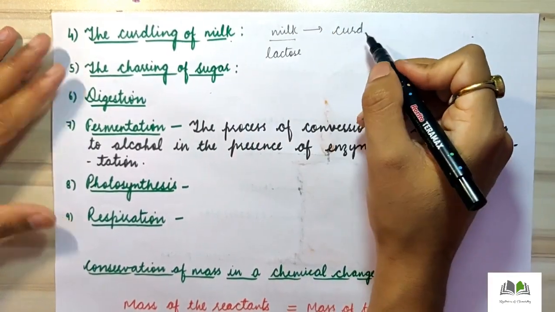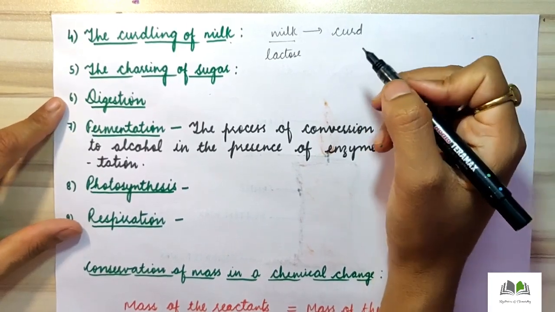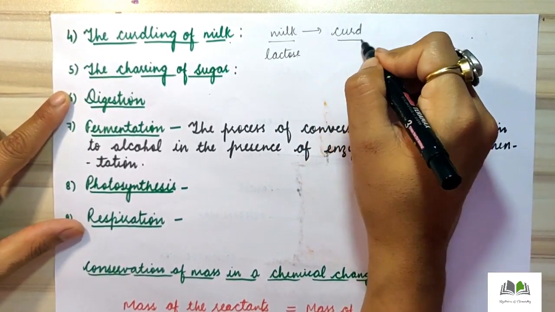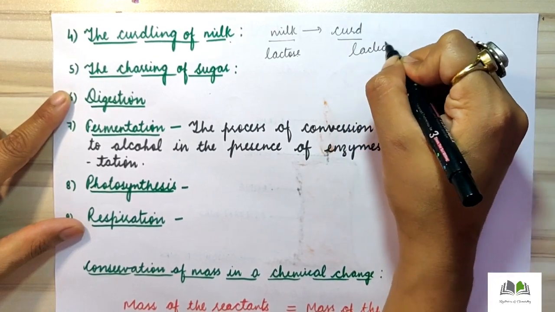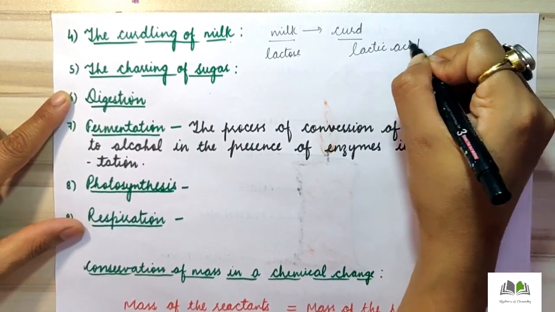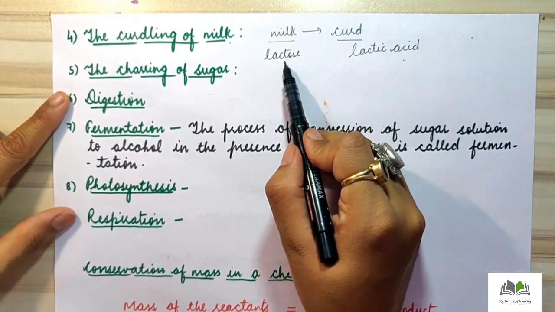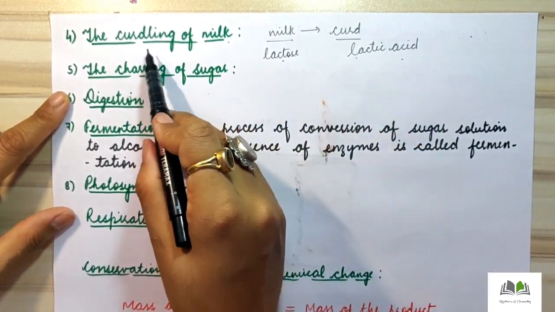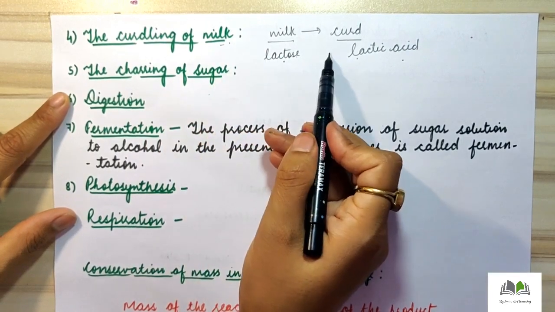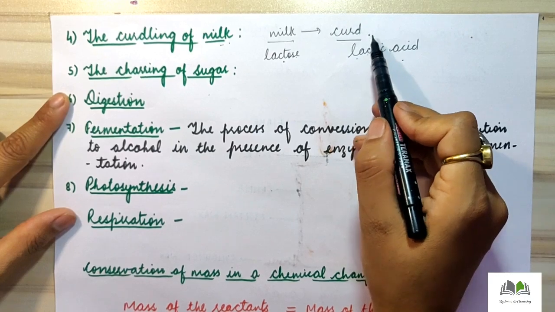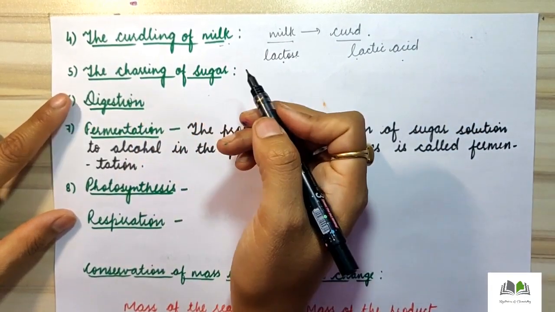Due to the action of bacteria, this lactose gets converted into lactic acid. Once the lactic acid is formed, it cannot be converted back into lactose. So curdling of milk is a type of chemical change, because new substances are formed during this change.